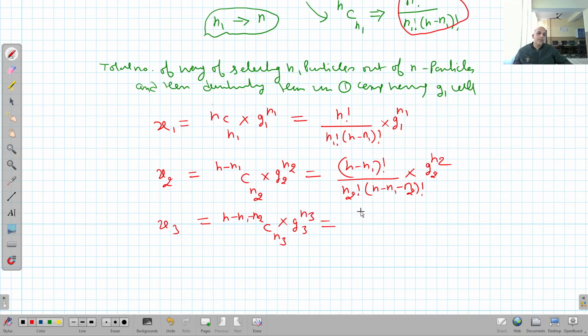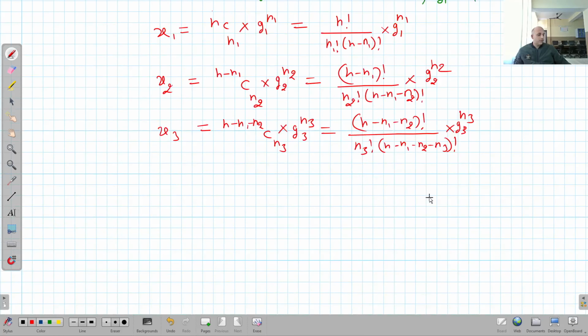So it will become n minus n1 minus n2 factorial divided by n3 factorial into n minus n1 minus n2 minus n3 factorial into z3 power n3. In this way you can continue and find xk for the kth compartment.